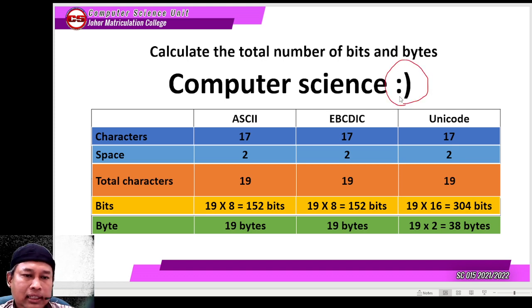In ASCII the symbol will be 2 symbols, because this is 1 symbol and this is 1 symbol. But in Unicode, if you type a colon and bracket, the Unicode will look like this one, isn't it?